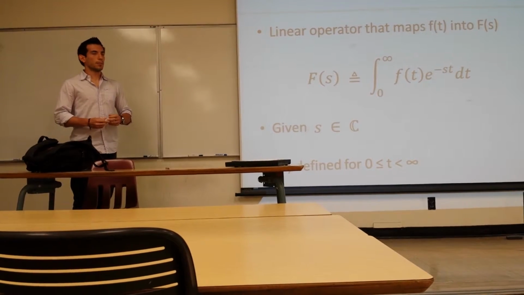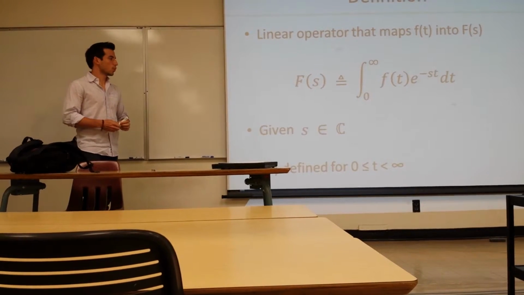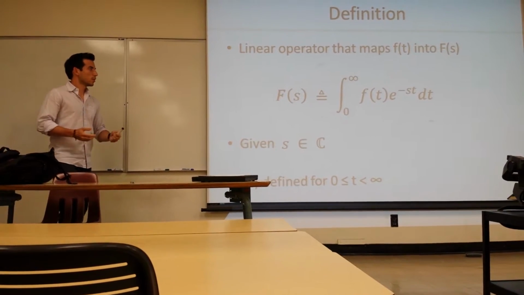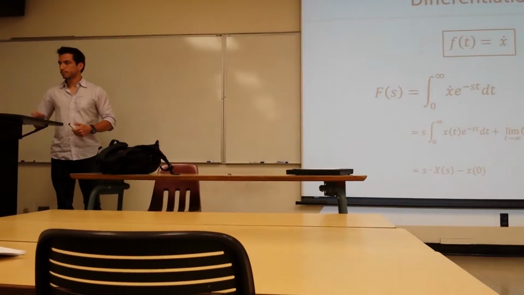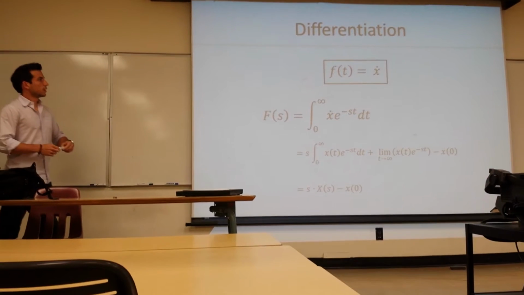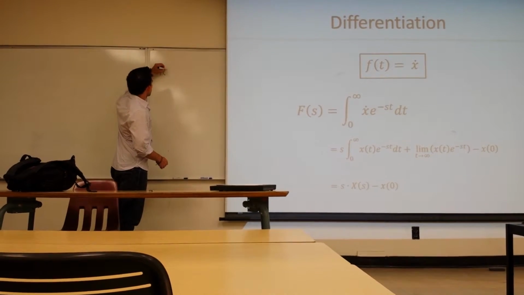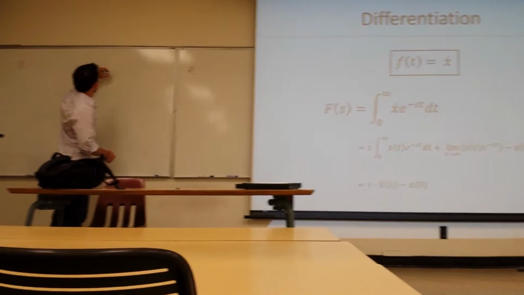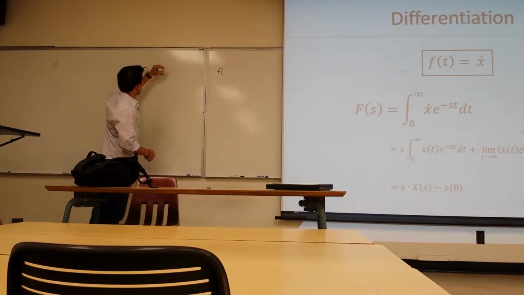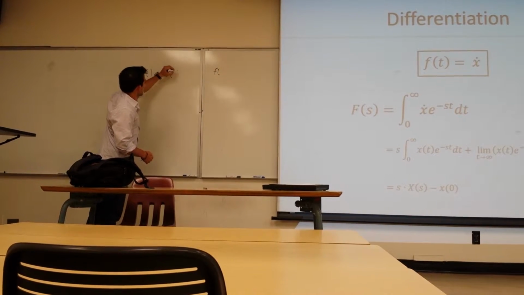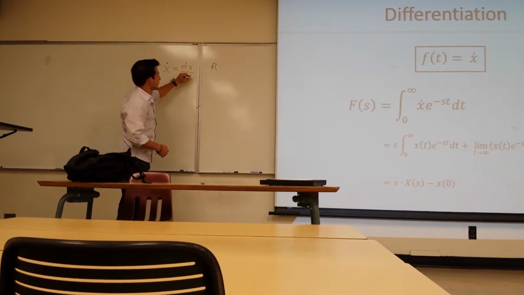But then the next question is, okay, we have this transform, but what's the point? What do we use it for? Where can we do anything with it? Let's take, for example, the derivative with respect to time.